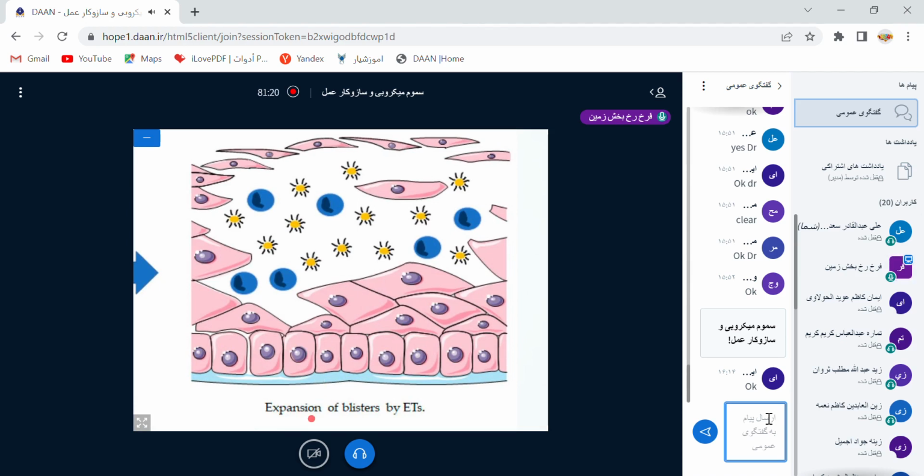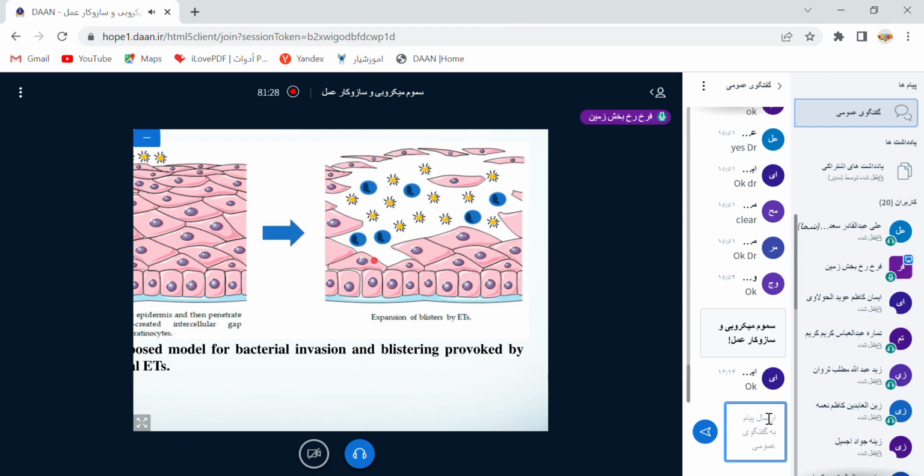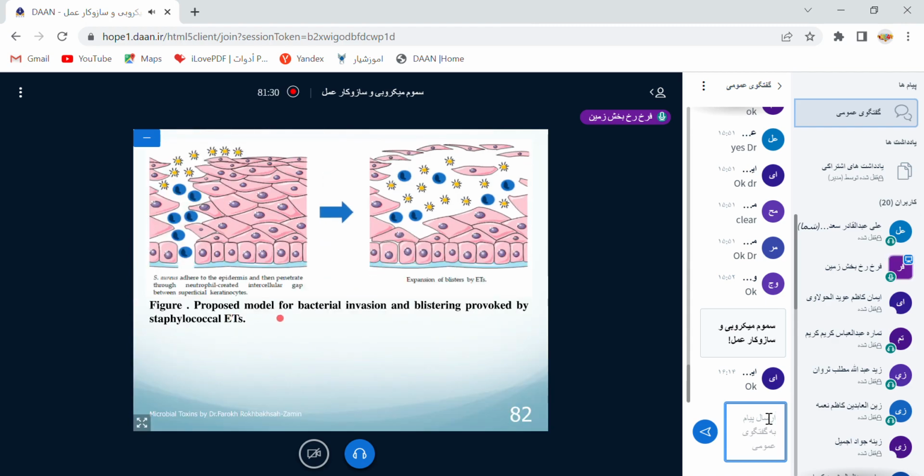Expansion of blisters by exfoliative toxin, now destroying and removing the connection between cells, and now it is the proposed model for bacterial invasion and blistering provoked by staphylococcal exfoliative toxin.